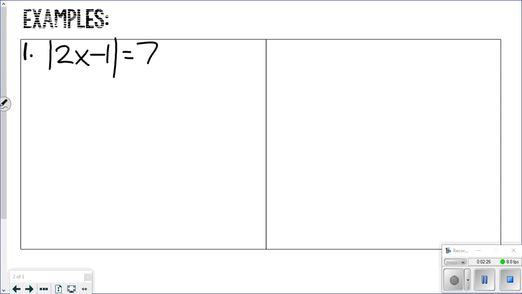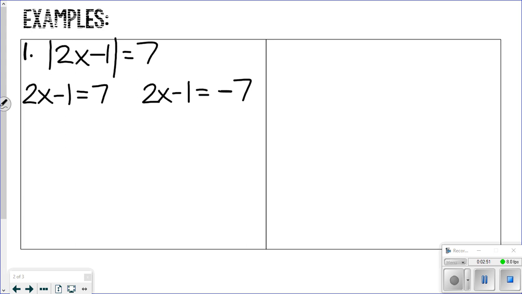Step 2 says drop the absolute value bars and write two equations by setting the inside expression, 2x minus 1, equal to this positive 7. So the first one, we just dropped the bars. The second one, we dropped the absolute value bars, but instead of having a positive 7 this time, we set it equal to a negative 7.